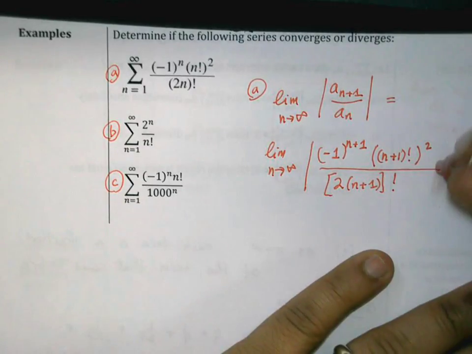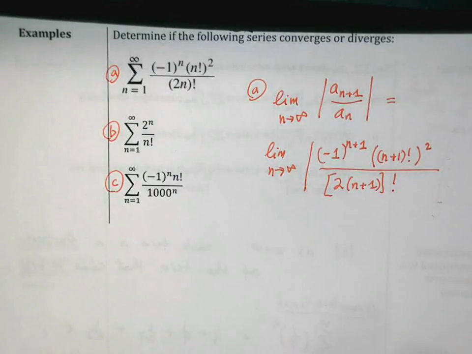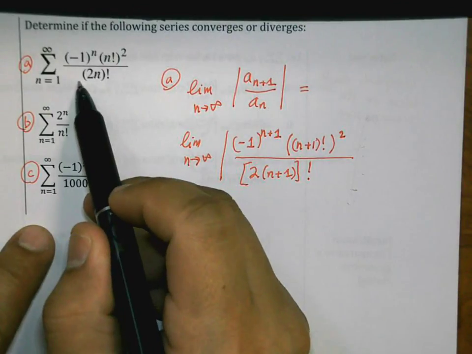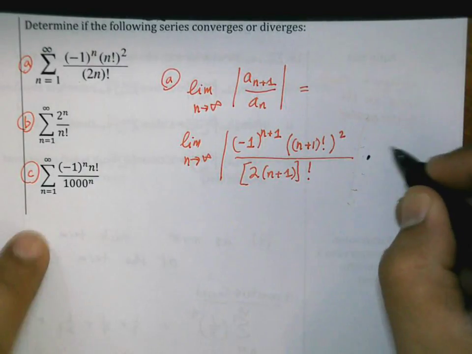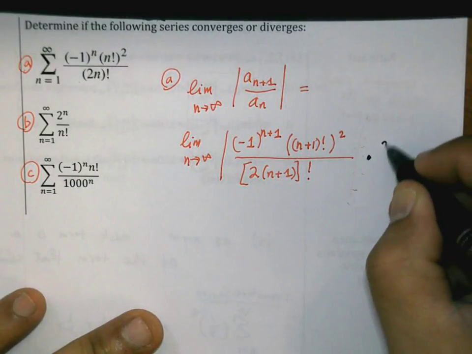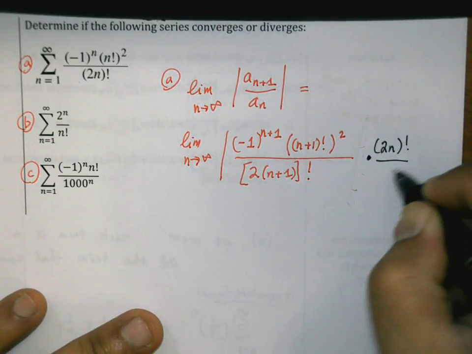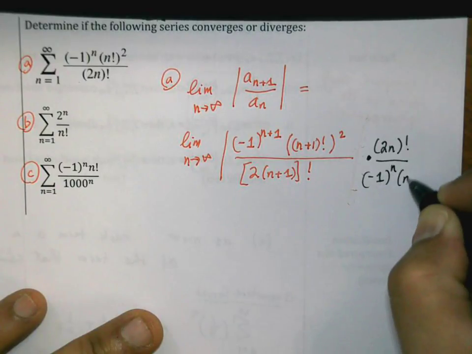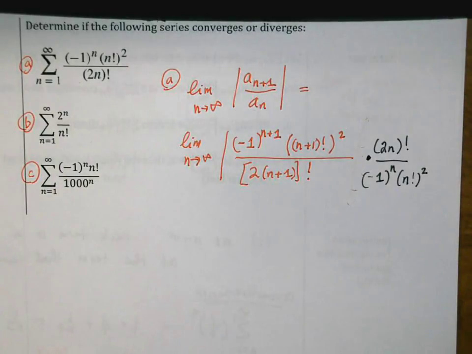Okay, so that's the n plus 1 term. This right here is the n plus 1 term. Now we have to divide by the nth term. So this expression is the nth term, but we're dividing by that, so we've got to multiply by the reciprocal. So that's just 2n factorial divided by negative 1 to the nth times n factorial squared. Okay.